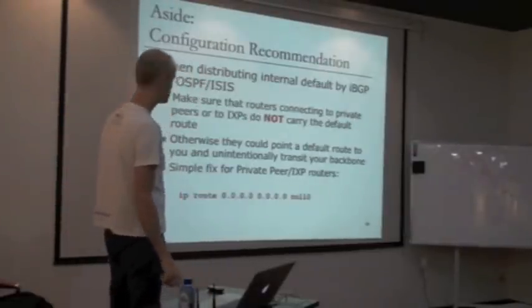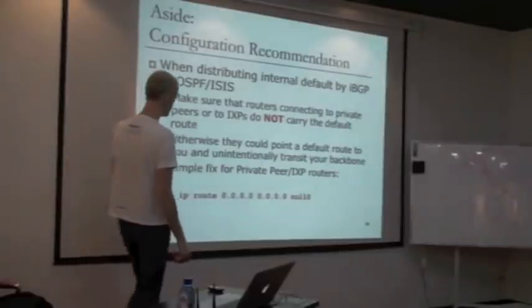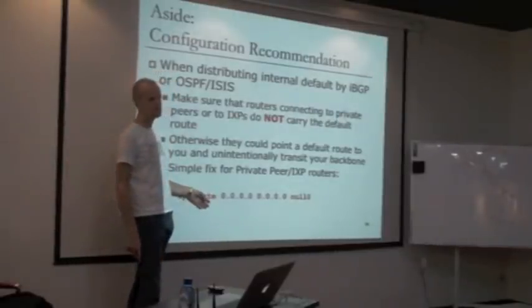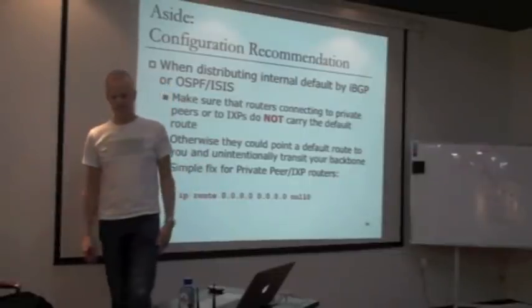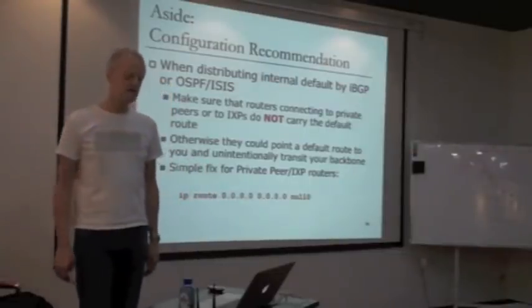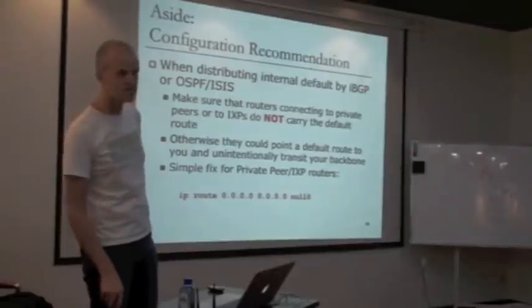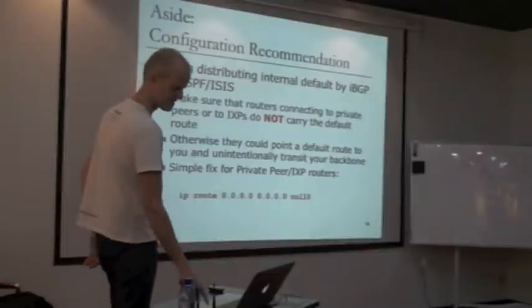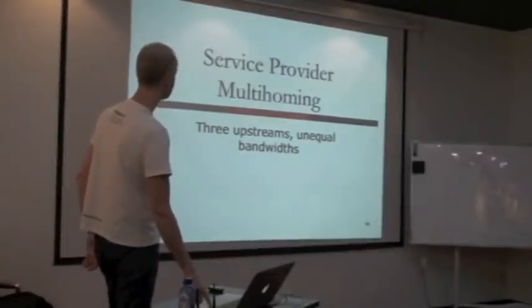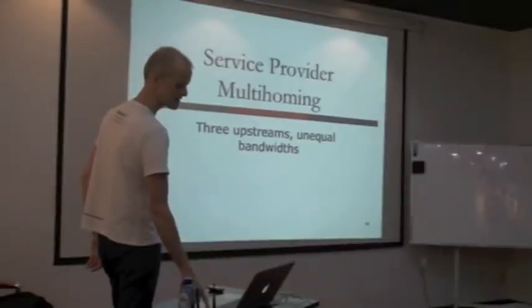Again, as I said, on the peering routers, make sure you have the default route to null, so that if anybody tries to point a default route to your peering router, the traffic can be discarded. So the next one we'll look at: 3 upstreams and equal bandwidths.